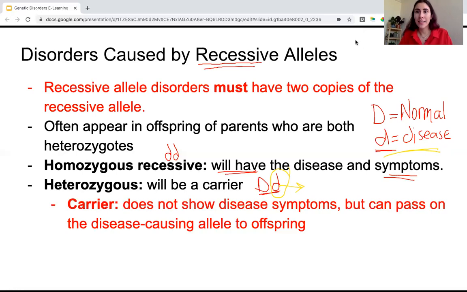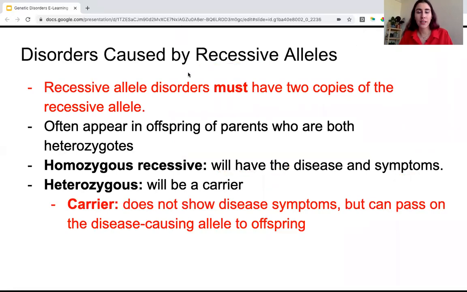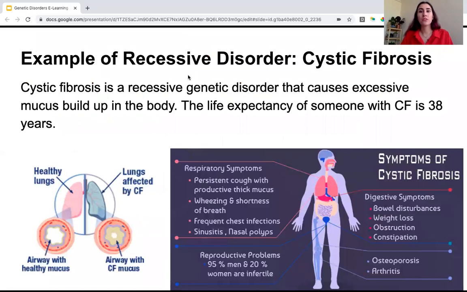Let's take a look at an example of a specific recessive disease. This is known as cystic fibrosis. You might have heard of cystic fibrosis. You might know someone that suffers from it. It is a very, very difficult disease to suffer from. These people don't have a very ideal quality of life. They often have very short lifespans.